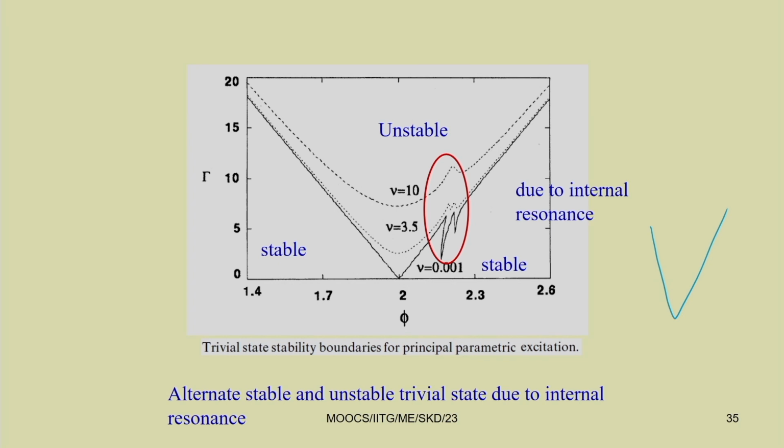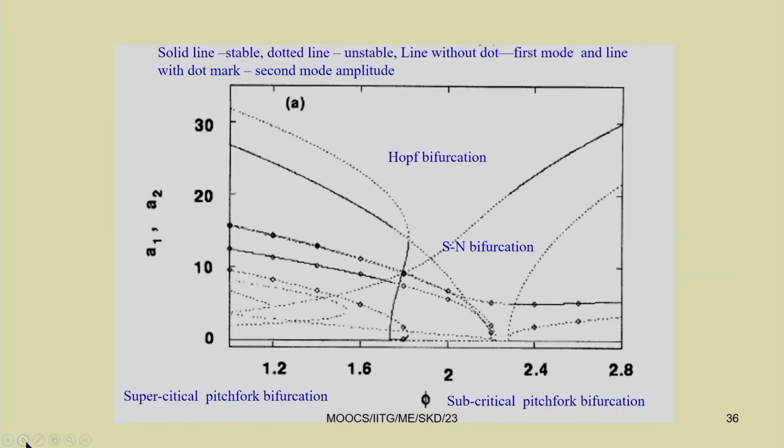Due to the presence of internal resonance, in this portion you can have several kinks and then it moves like this. You have observed several alternate stable and unstable regions in this case due to the presence of internal resonance condition. Then you have seen different bifurcations, and the origin of different bifurcations you can also note.